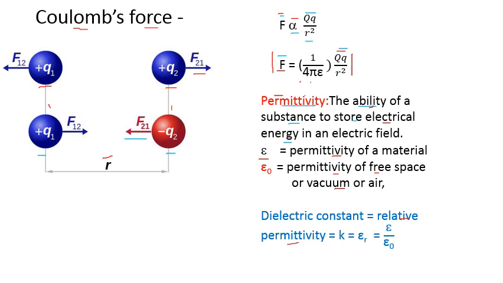So what is this dielectric constant or relative permittivity? It is denoted by K or epsilon r. This r suffix indicates relative. So relative permittivity or dielectric constant is the ratio of epsilon and epsilon 0, or you can also write this relation: epsilon is K times epsilon 0. Remember these formulas.